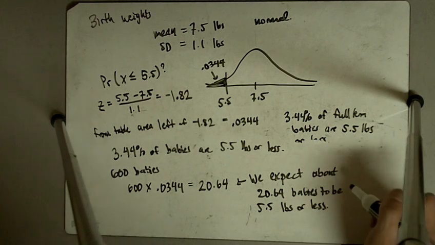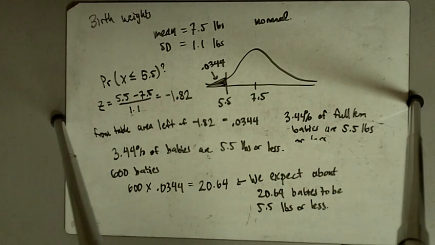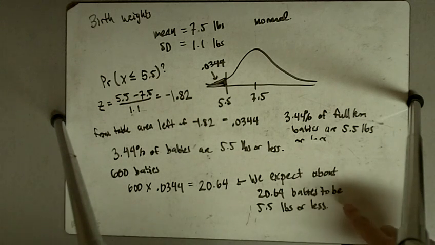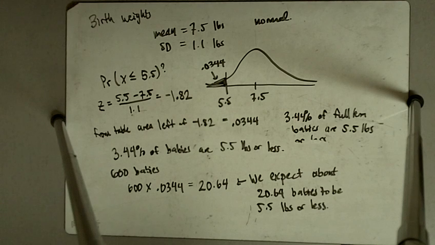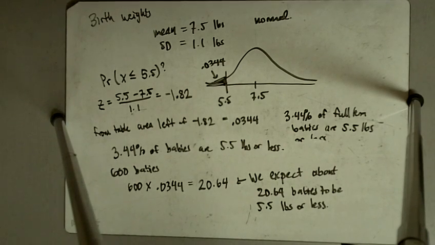Now, of course, when we actually count how many babies were 5.5 pounds or less, we're going to have a whole number of babies. Maybe we had 20 babies that were 5.5 pounds or less, maybe we had 21, or maybe we had 22, or maybe we only had 18. What actually happened will not necessarily match this, but if we were just trying to make a prediction of what we expect, we would expect about 20.64 babies to be born 5.5 pounds or less.